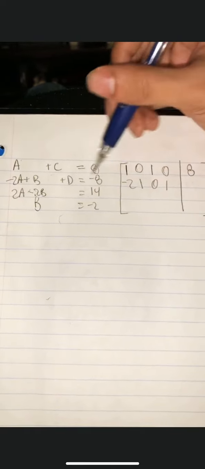For the next one, it will be -2, 1, 0, 1, because B is 1, there's no C so it's a 0, and 1 because of the D, and it equals -8 from right here.